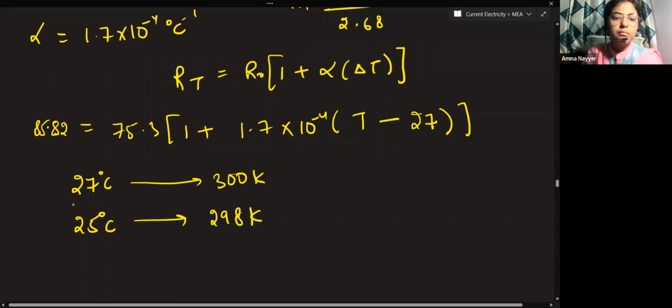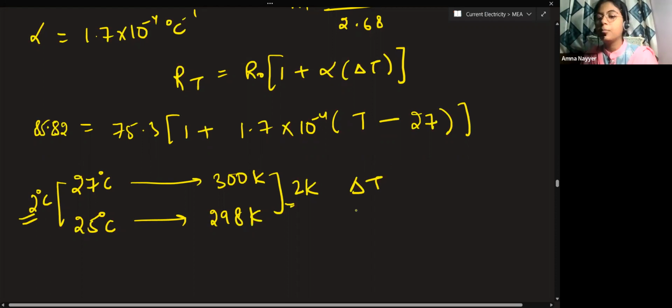Subtract both of them: in Celsius it is 2 degrees, in Kelvin it is 2 Kelvin. Both are 2. That's why you don't need to convert whenever there is a temperature difference. Otherwise, for other operations, you have to.